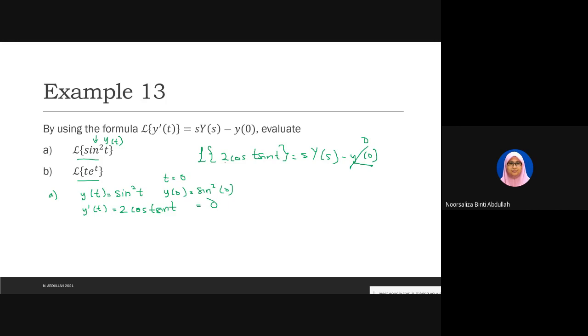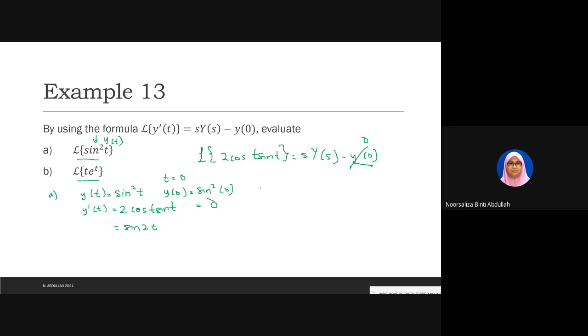So dapatkan Laplace untuk 2 cos t sin t, tak boleh kan? You kena pakai trigonometry punya identity, then baru you boleh dapatkan dia punya Laplace. So 2 cos t sin t is actually equals to sin 2t.